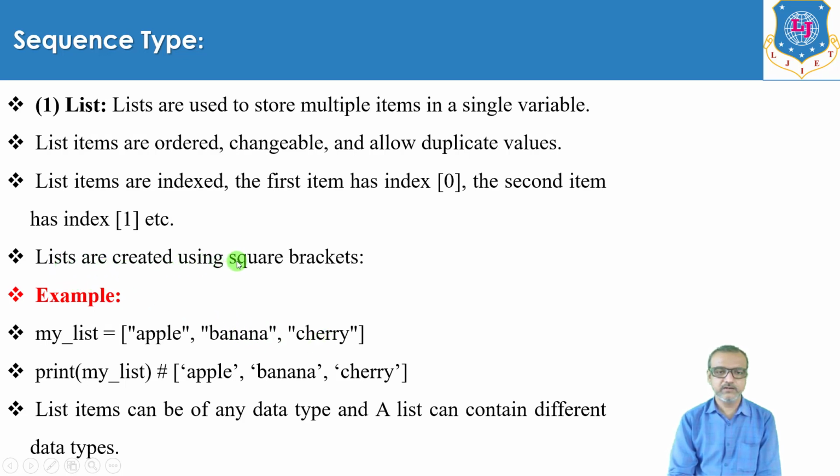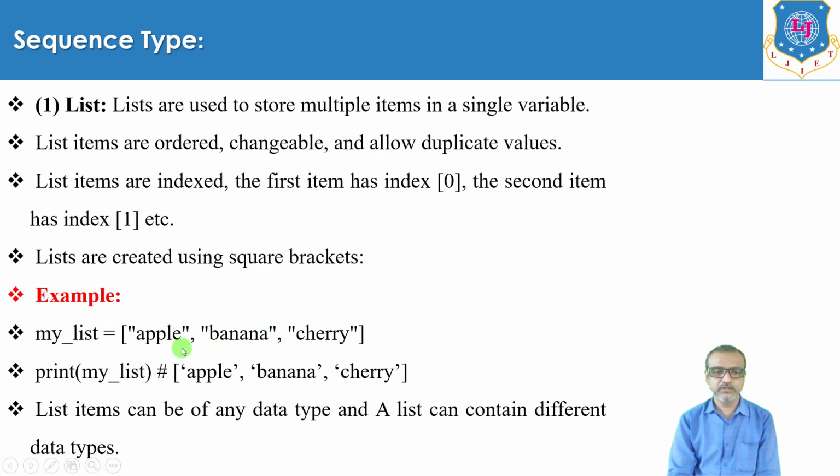Lists are created using square brackets. To create a list, we have to use square brackets. For example, I have created one list with the name my_list. In my_list, I have taken 3 elements, that is apple, banana and cherry. This is how we can create a list.